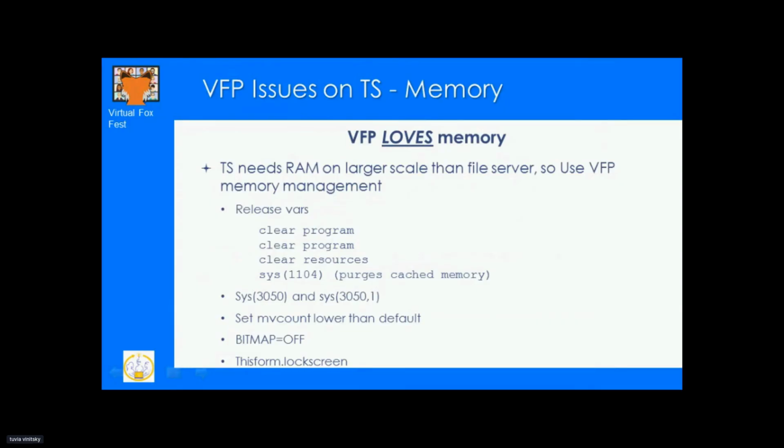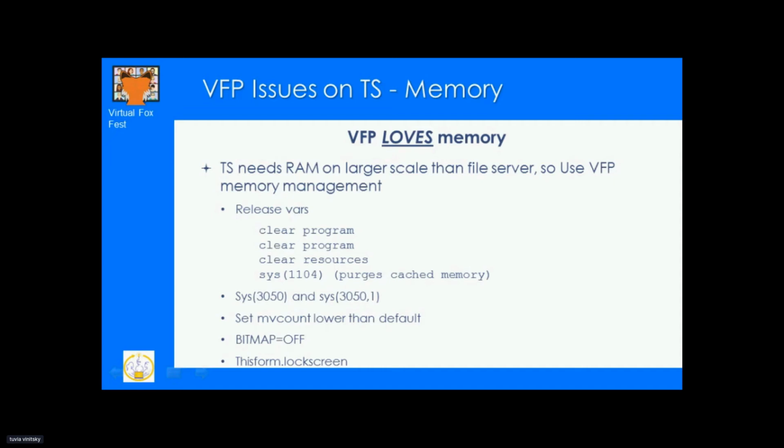Release your memory variables, clear programs, clear resources, and there's a system function that I never even knew existed, which was SYS(1104), which purges cached memory. That's a wonderful function for terminal server, because terminal server is caching everything left and right, and FoxPro wants it to, because FoxPro doesn't really know it's on a terminal server. It thinks, hot diggity, I got 128 gig of RAM, let's go to town. Not really, because we all know it won't use all that, but you get the idea.